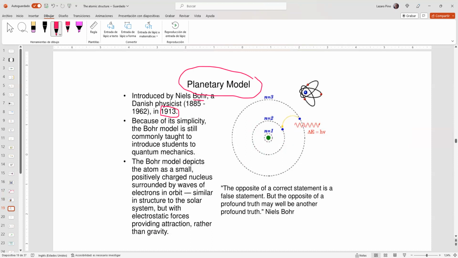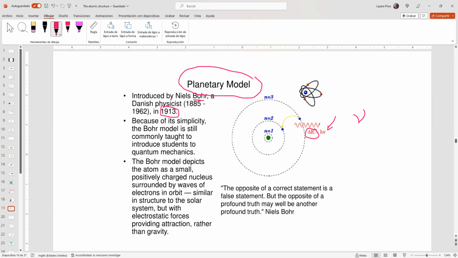Well, he discovered that every orbit where the electrons were has a number, and they have a specific energy. The difference of energy between one level and another level was directly proportional to the frequency of a transition of an electron from one level of energy to another.